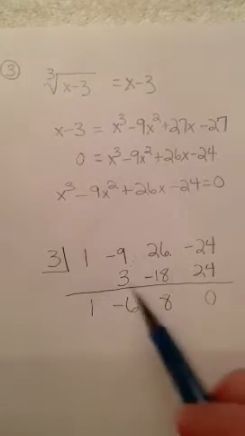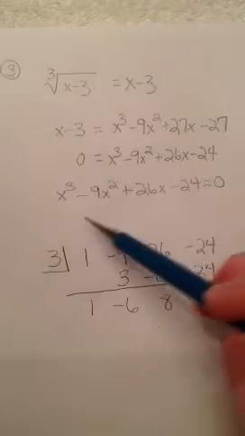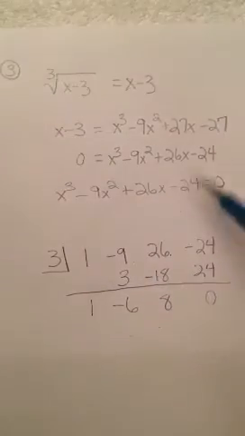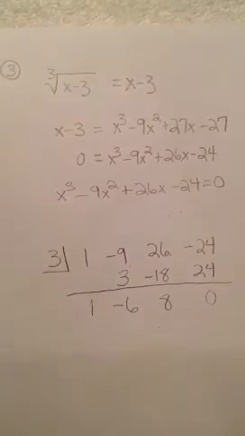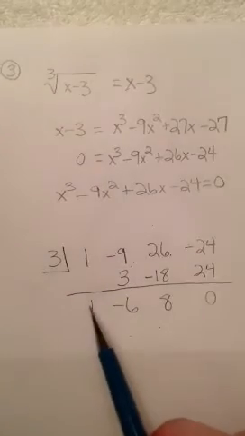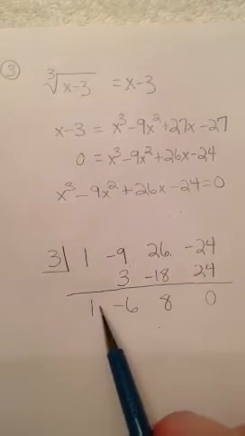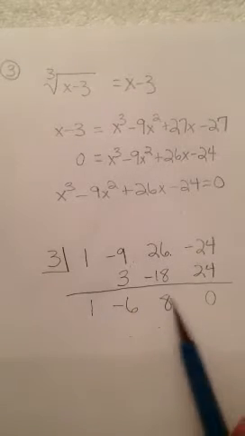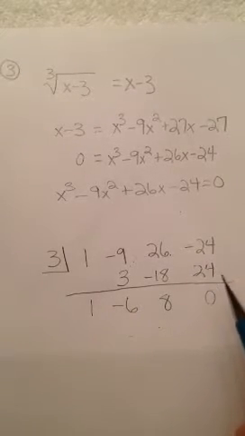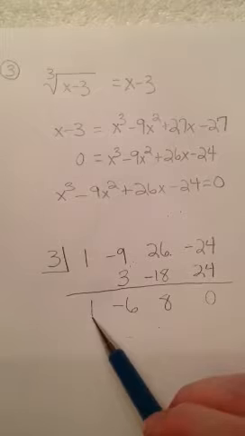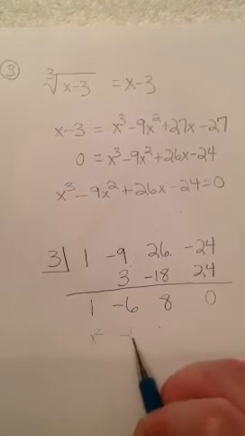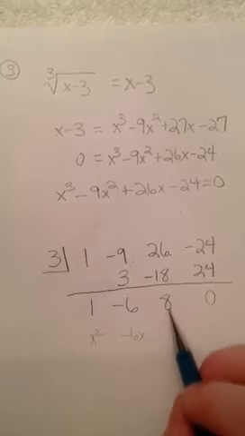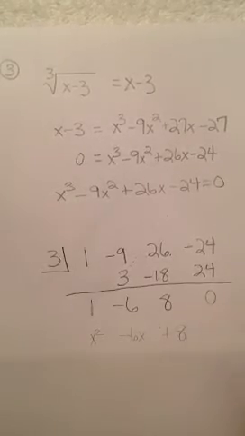Now if you notice, 1, negative 9, 26, and negative 24 were the coefficients of this cubic. And as we draw out a zero factor, the dividend that is left over goes down a degree, whereupon 1 is in reference to x squared, negative 6 is for minus 6x, and 8 is for plus 8.